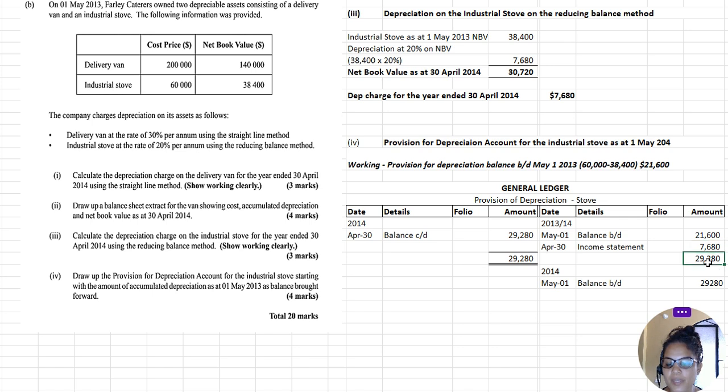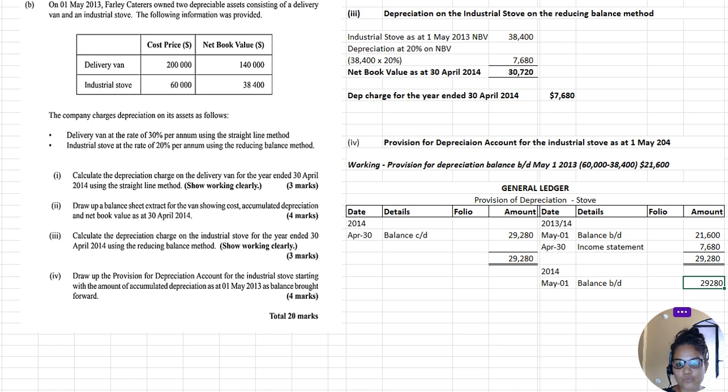And when you add both together, you will get the accumulated depreciation, $29,280. To close your account on April 30th, 2014, your balance carried down will be $29,280, the balance of your ledger. And it will be brought down at the beginning of the next month, which is May 1st, 2014, for the same amount, $29,280.